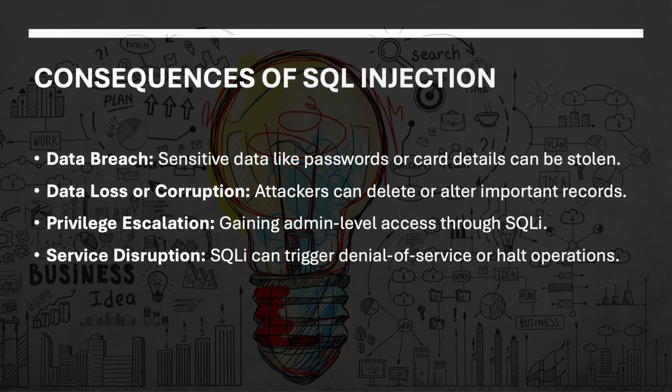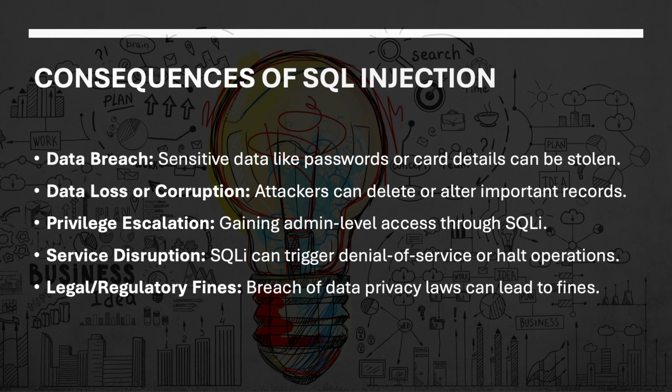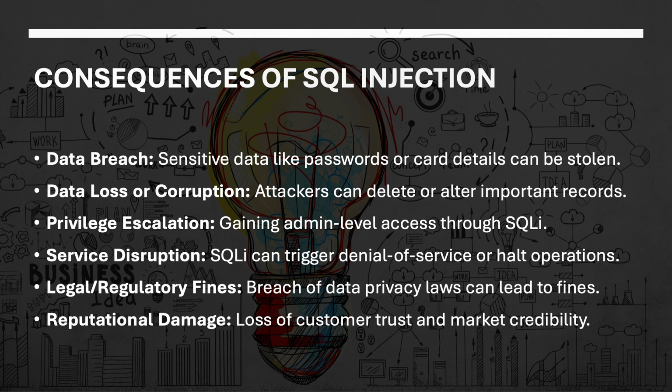And obviously there will be service disruption, possibly leading to denial of service. We could also face legal or regulatory fines, especially under data protection laws. And finally, reputational damage, which can be devastating for any organization. Clearly, these are not a threat to be taken lightly.